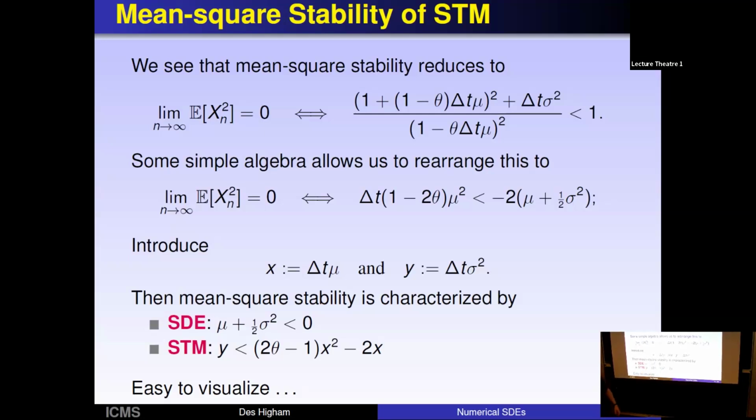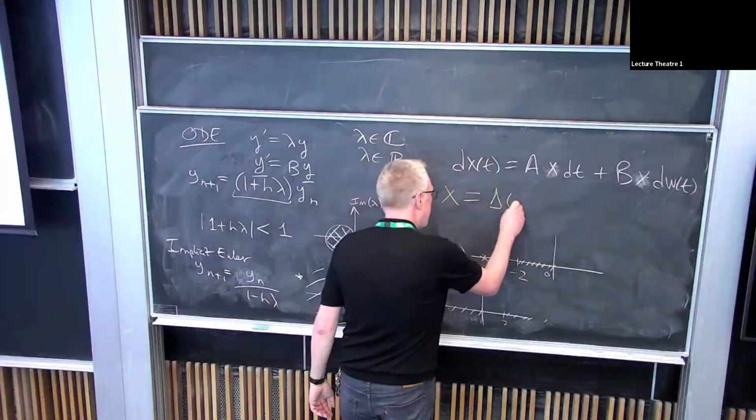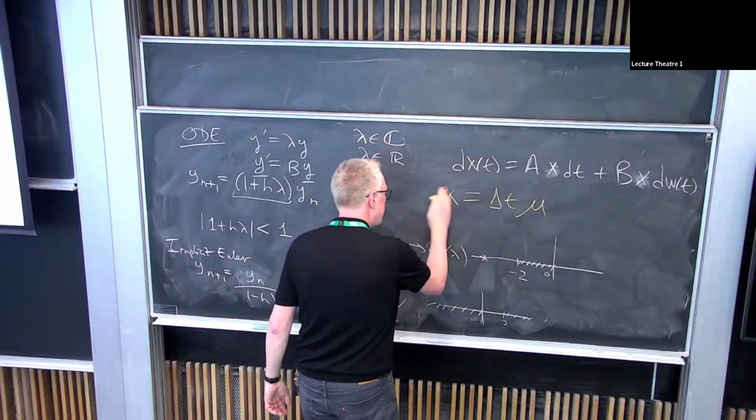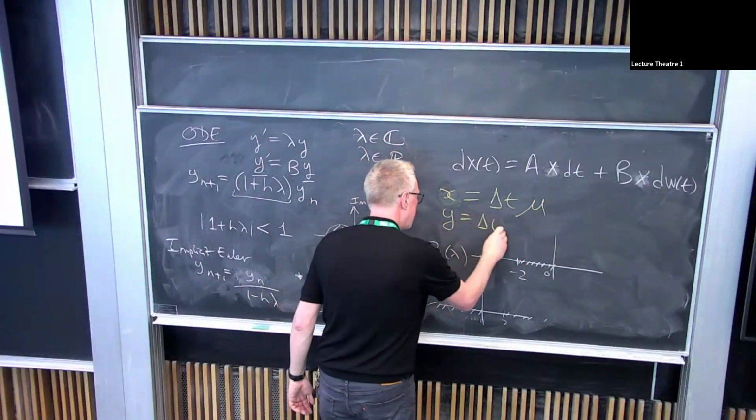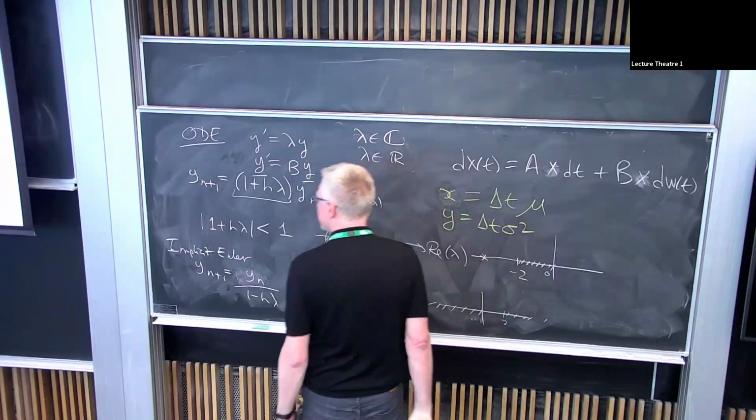So I'll just pop up those values. So x is mu delta t, little x. y is delta t sigma squared.